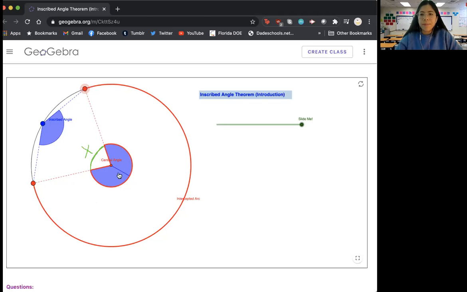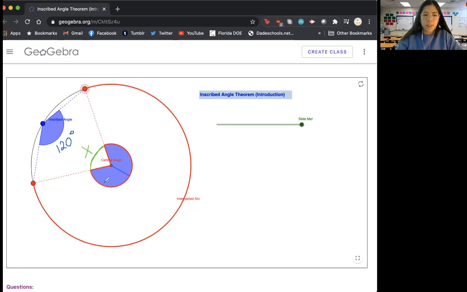In this case, it kind of looks like it. Well, let's think about it. How much is this circle all the way around? All the way around this whole circle is 360, right? So let's actually put some numbers in because it's always helpful to do it with numbers. Let's say my inscribed angle is 120.